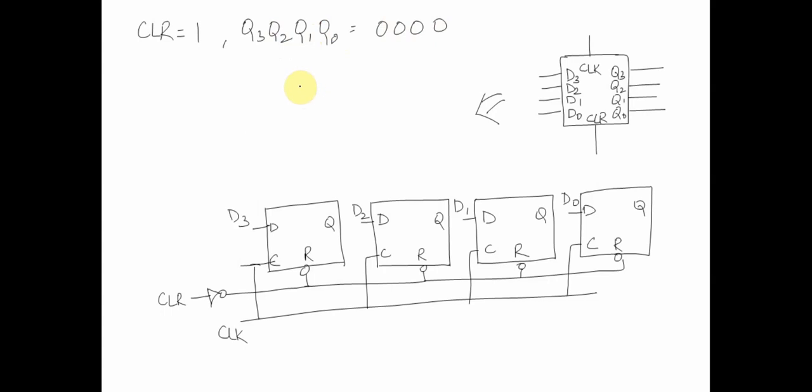So whenever clear is equal to 1, all the outputs are 0.